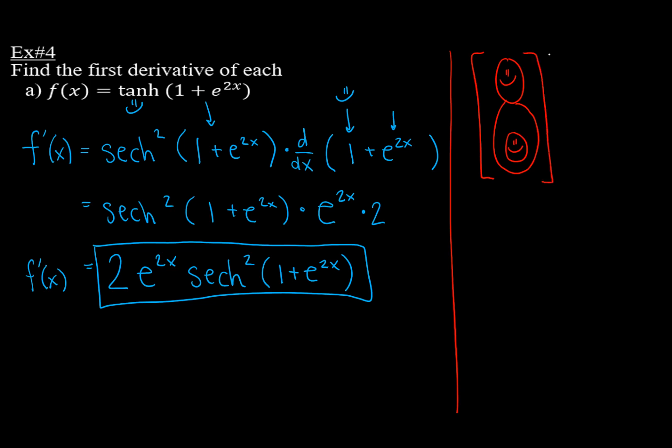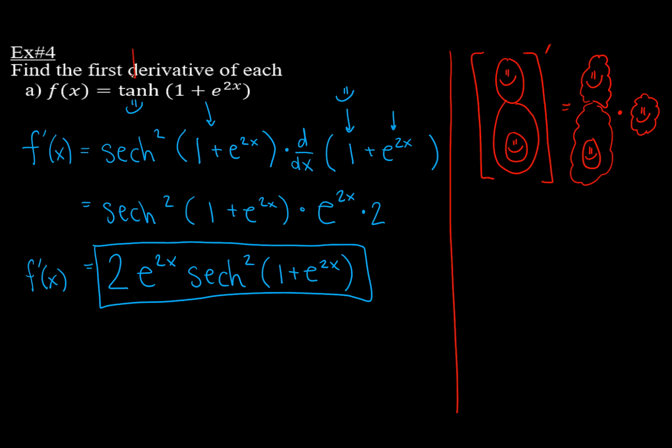So when I take the derivative of the mommy, the mommy changes, but the baby always goes along for the ride. Okay, I take the derivative of the mommy, but I leave the baby the same. Then I multiply by the derivative of the baby. Okay, this is always the case.